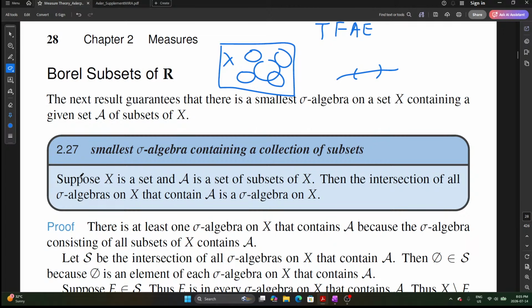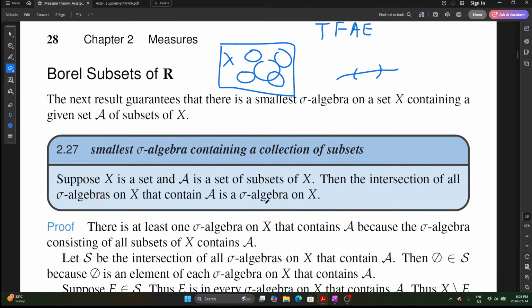Suppose X is a set and scripted A is a set of subsets of X. Then the intersection of all sigma algebras on X that contain A is a sigma algebra on X. So what is going on here?